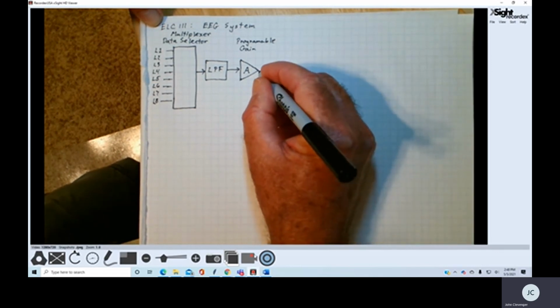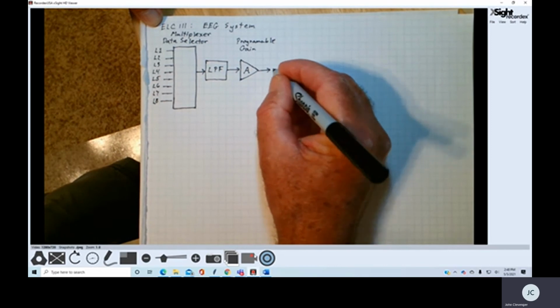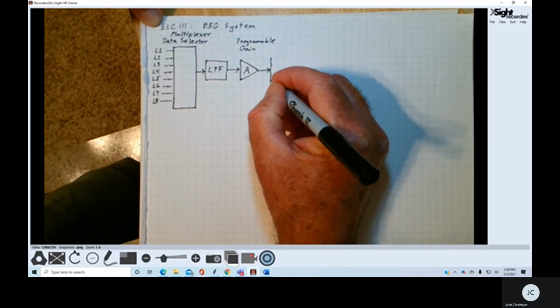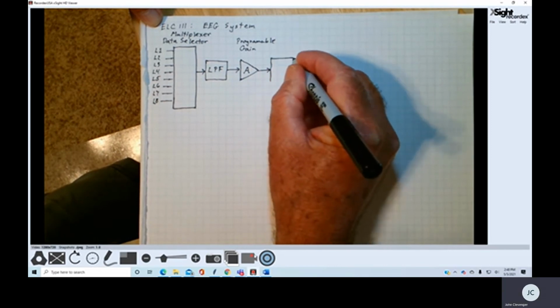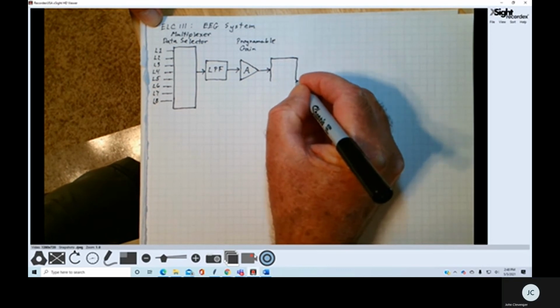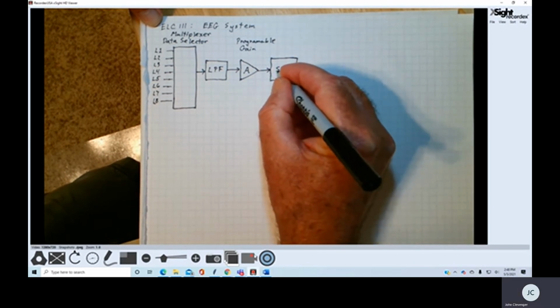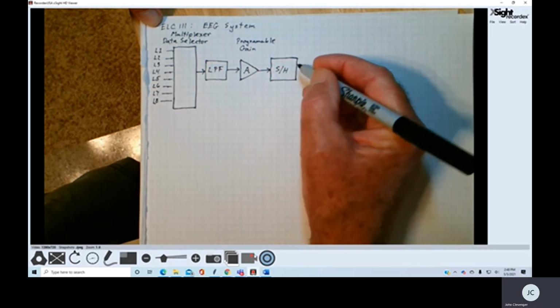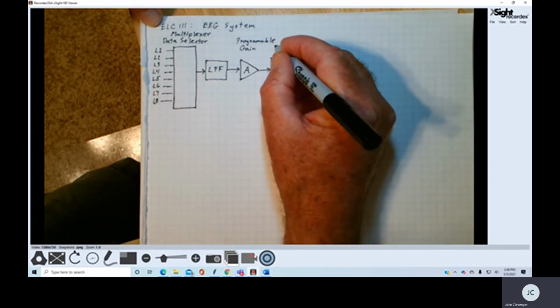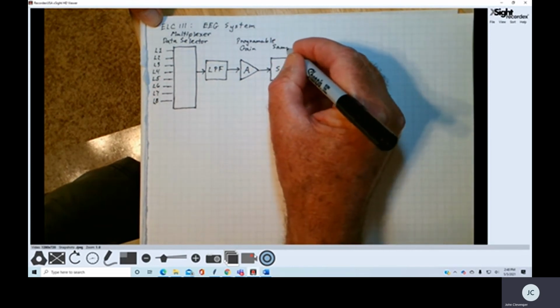Now, the output of our amplifier is going to go into a circuit here. I'll write SH here, and this is our sample and hold circuit.